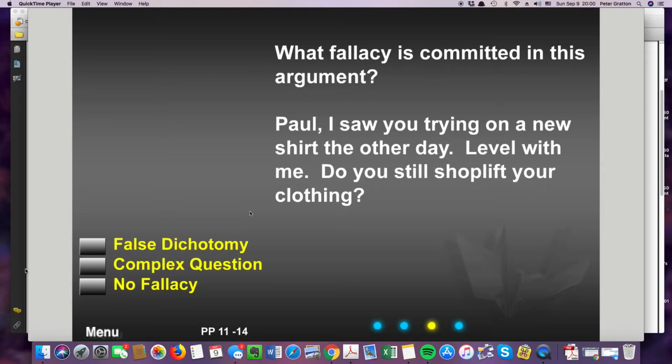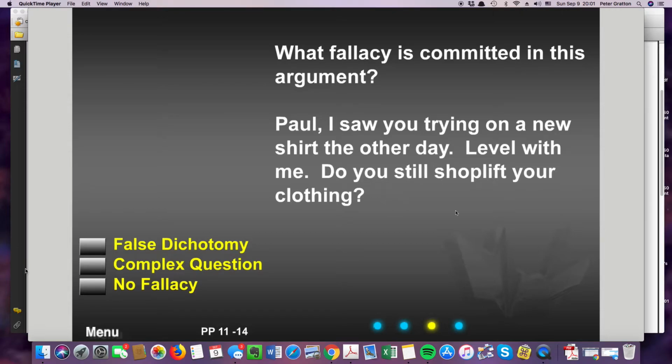Paul, I saw you trying on a new shirt the other day. Level with me. Do you still shoplift your clothing? There's no evidence here. There's no question given here about whether Paul, in fact, has ever done shoplifting. So do you still shoplift your clothing? Presumes, right? If he answers yes, he's still shoplifting.